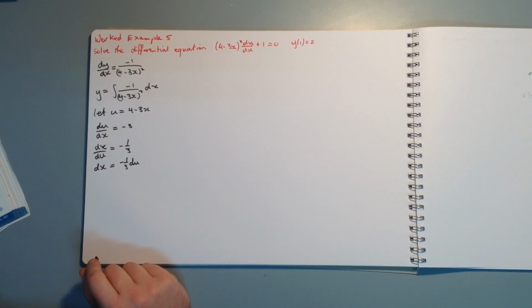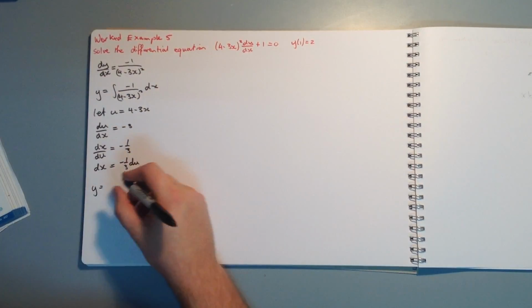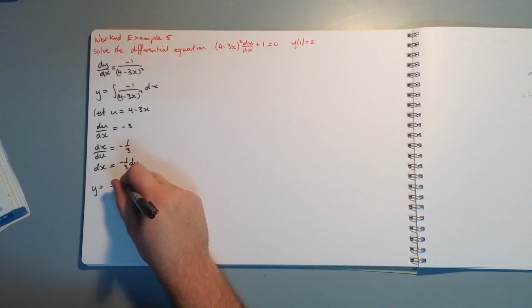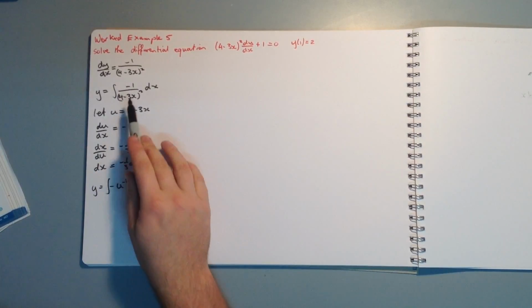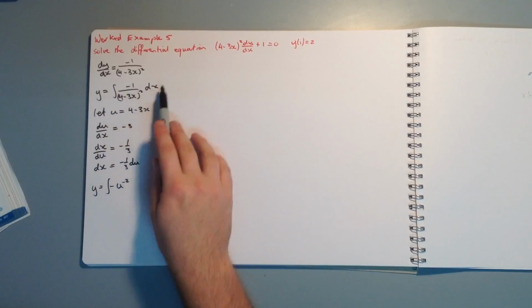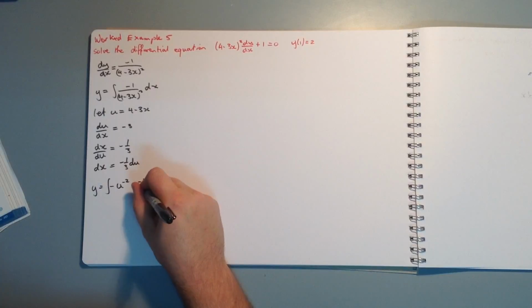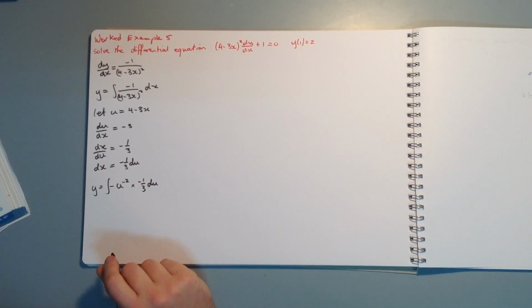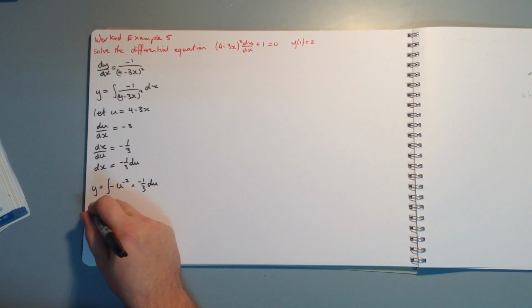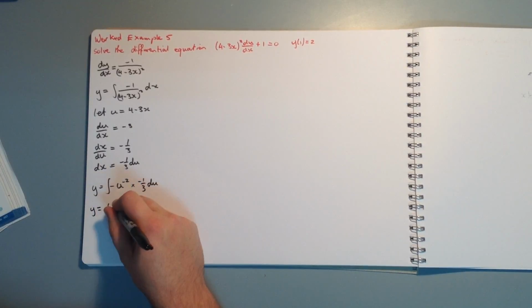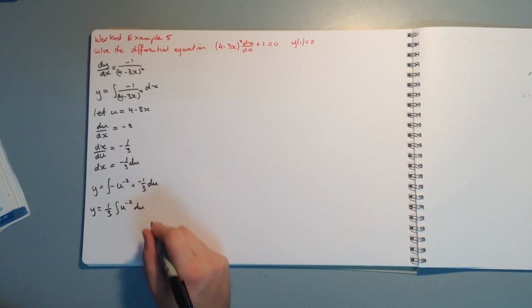We can put that back into our equation and say y is equal to minus u to the minus 2, just putting u in and bringing it up as a negative power, times minus a third du. We can bring out our negatives and they cancel out, and we bring the third out the front. So y equals 1 on 3 times the integral of u to the negative 2 du.